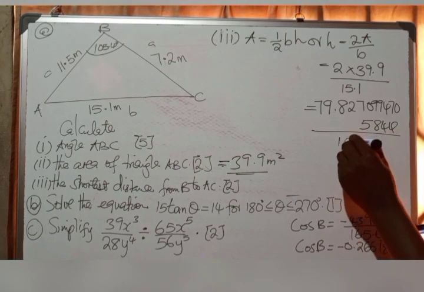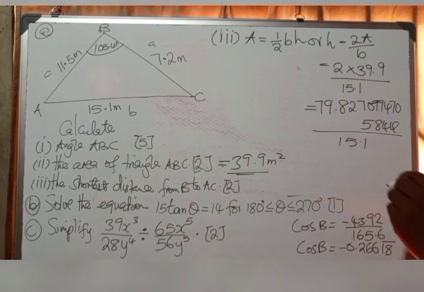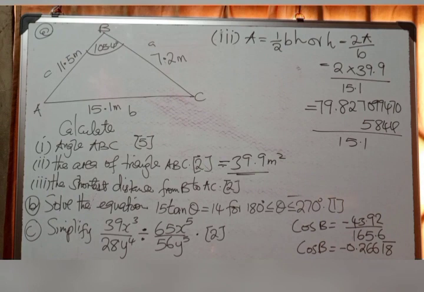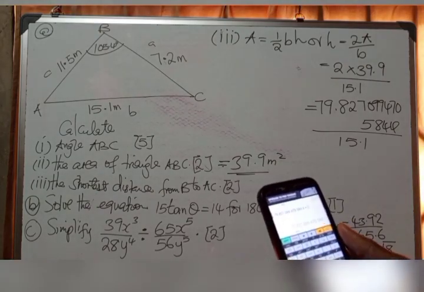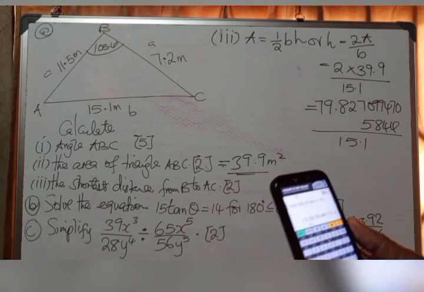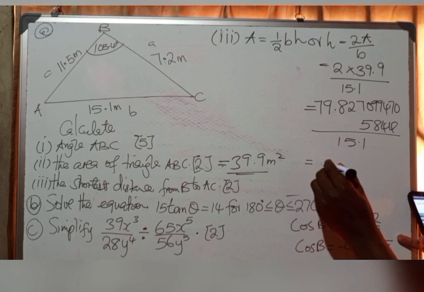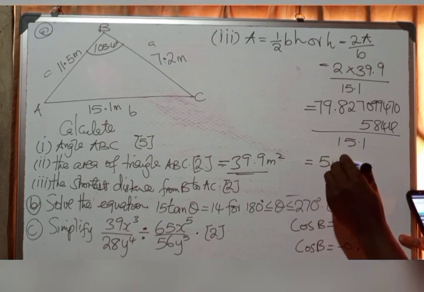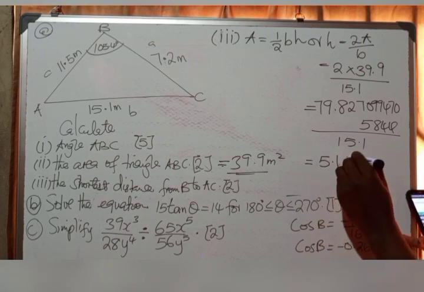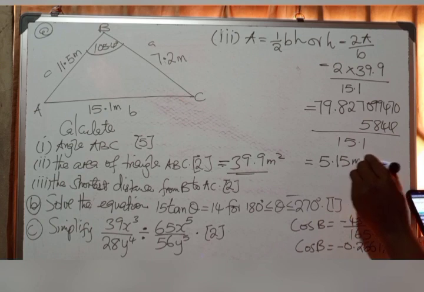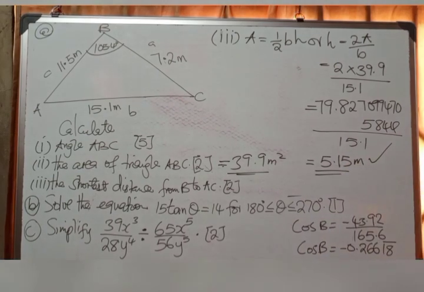Everybody divided by 15.1. So now we're going to say divided by 15.1. The answer we are getting as our shortest distance is 5.15. Remember, 3 significant figures. So that is our answer.